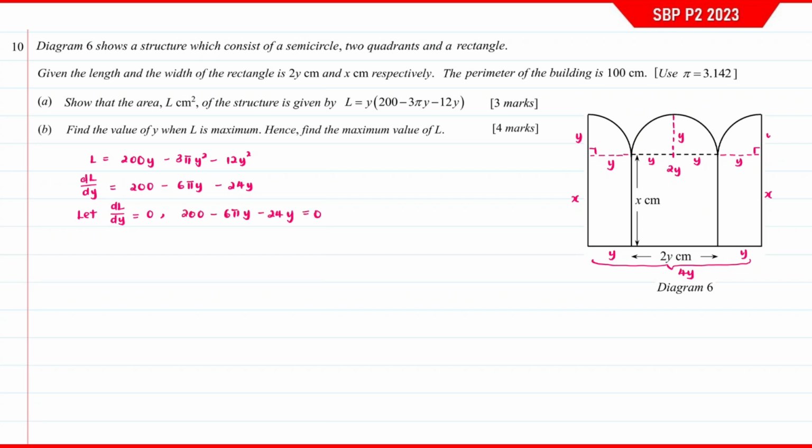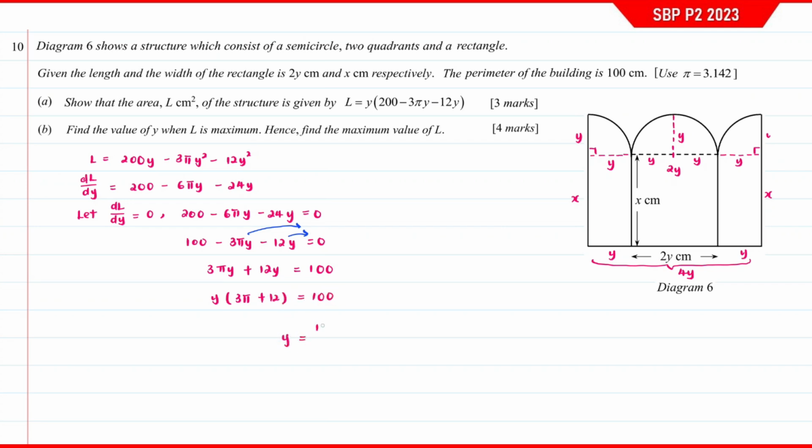So first, we can simplify this. So divide everything by 2. So 100 minus 3 pi y minus 12y, this is equal to 0. So next, I'm going to move the terms with y to the other side. So positive 3 pi y plus 12y, this one is equal to 100. So I want to find the value of y, so I'm going to factorize this. So y bracket 3 pi plus 12 equal to 100.